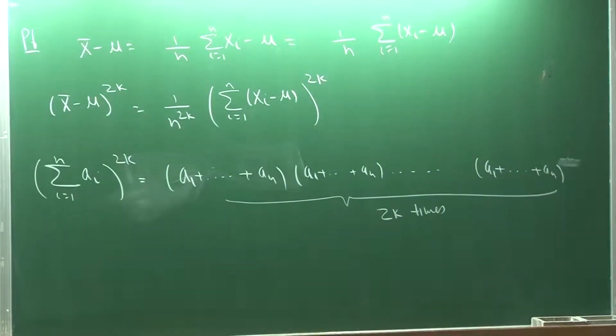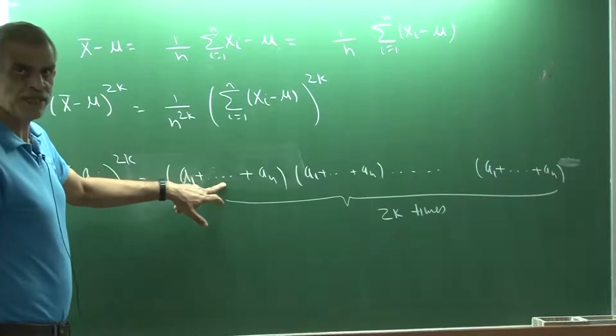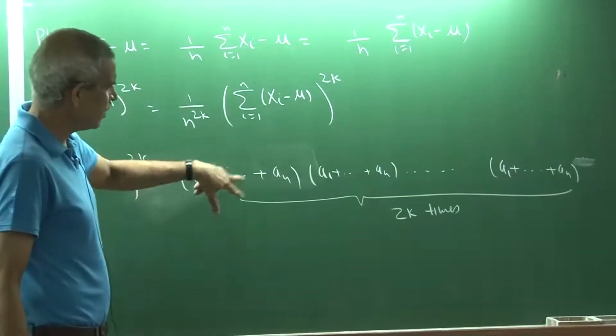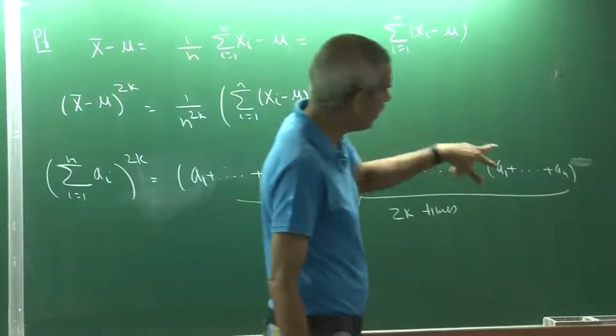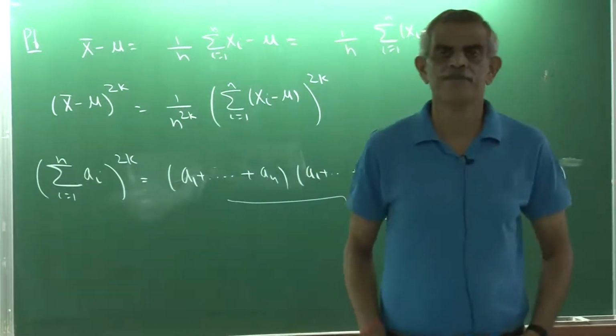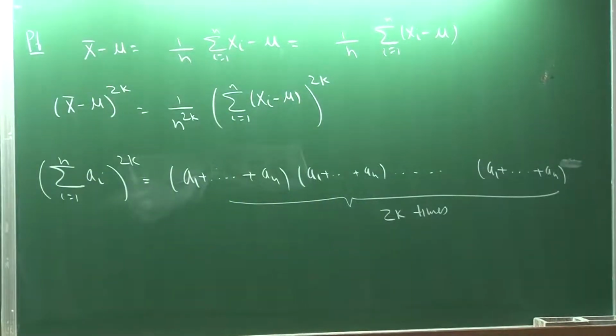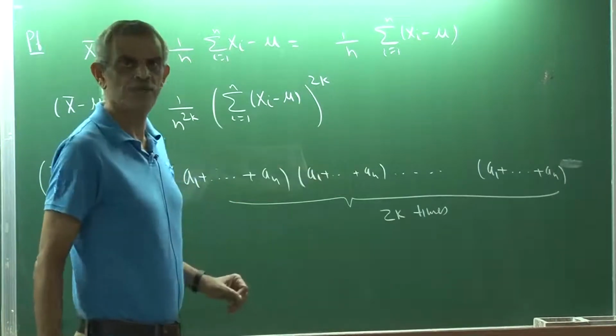Now let's try to see. When I'm taking the product, one term is coming from here, one term is coming from here, one is coming from here, when I'm considering this product of 2k terms. So there is a possibility that from each of these 2k terms, the same term comes.